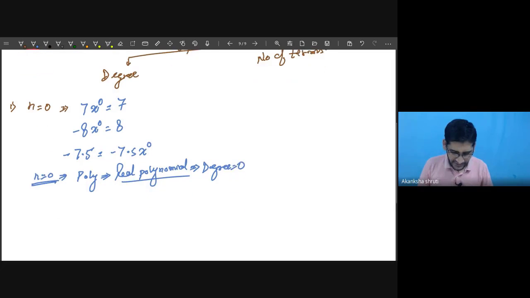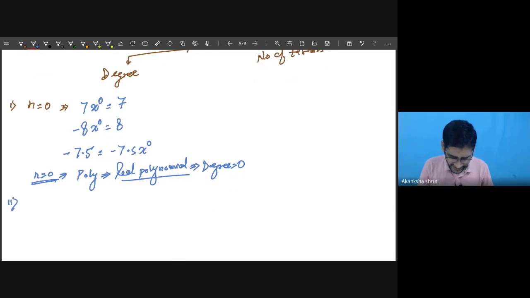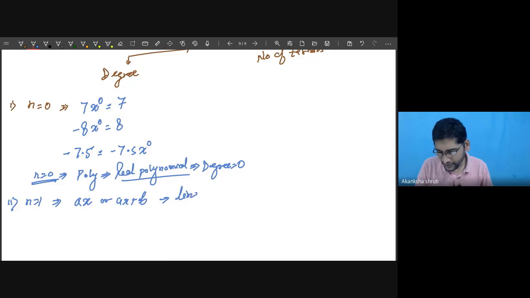Students, the second one, if n is equal to 1, then it becomes ax or ax plus b. This is your linear polynomial.